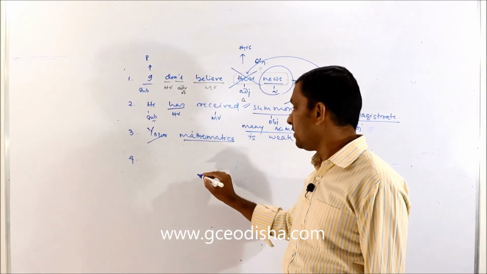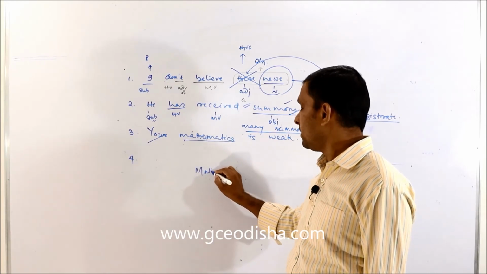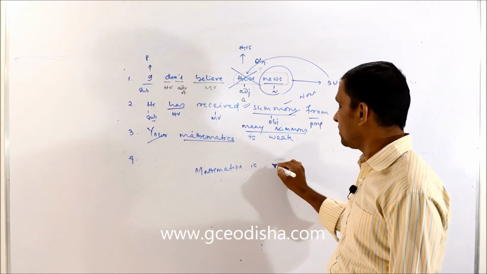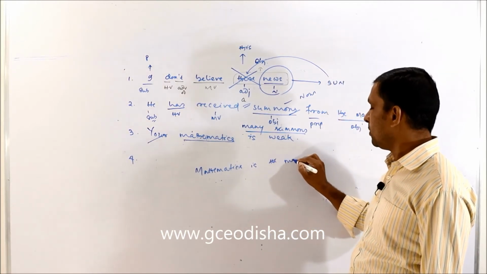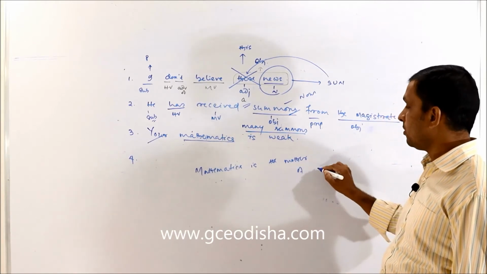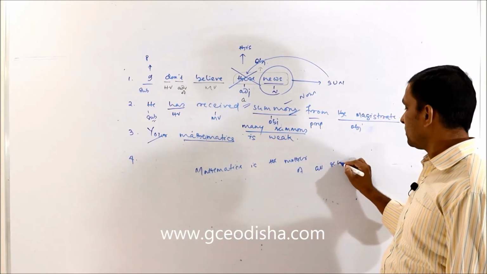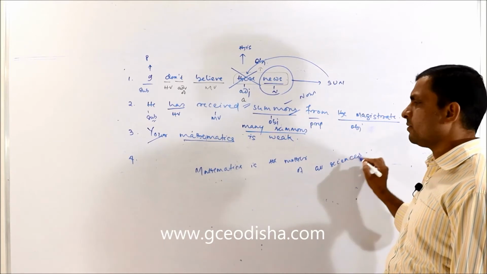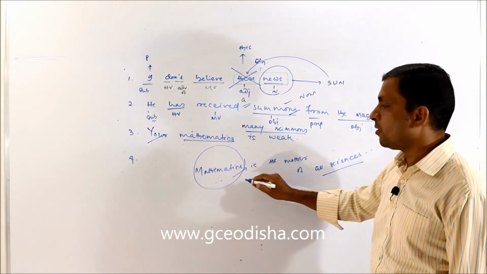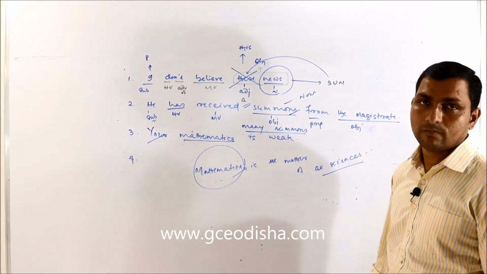We can say, mathematics is the mother of all sciences. This is correct. Here mathematics is used as the name of the subject in general.